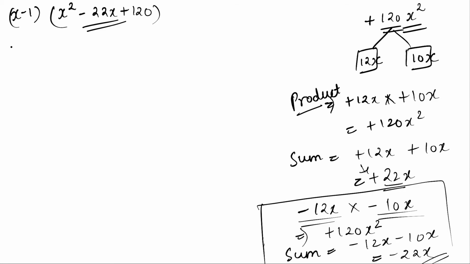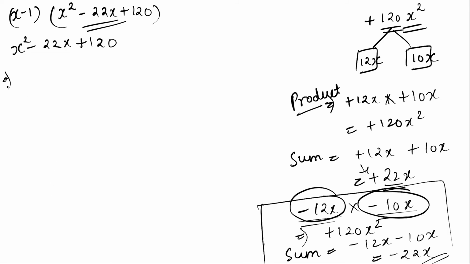Now, in the place of the middle term, again, we are going to replace the middle term by these two numbers, minus 12x, minus 10x. X square as it is, first term, and then the second term, minus 12x, third term becomes minus 10x, in place of minus 22x, plus 120 as it is.